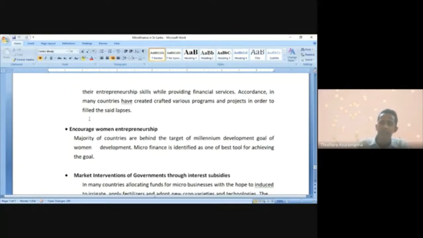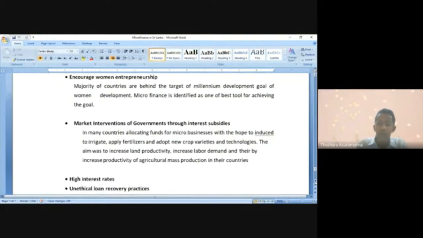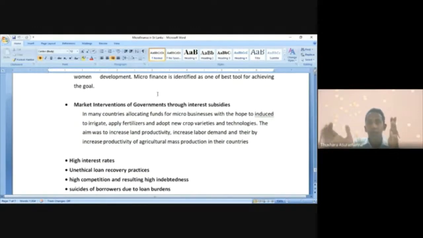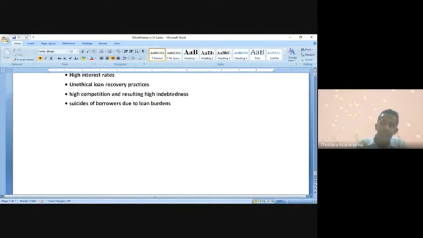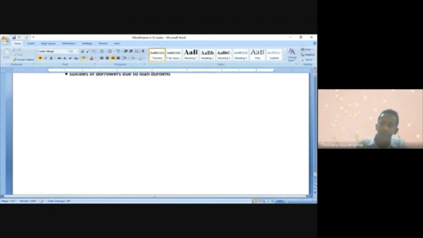Many challenges are there. Then market intervention by government through interest subsidies: when government comes with Janasaviya and all that, then the microfinancing business may not be viable. People would think, why should we do microfinancing if we are getting something from the government free of charge? Then high interest rates and unethical loan recovery practices are also concerns and challenges in the microfinancing business.